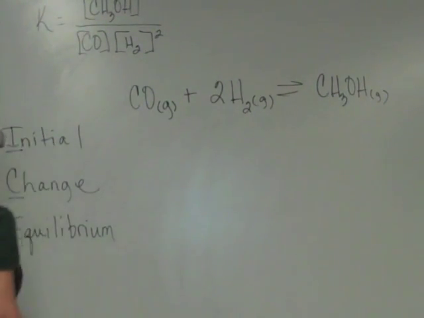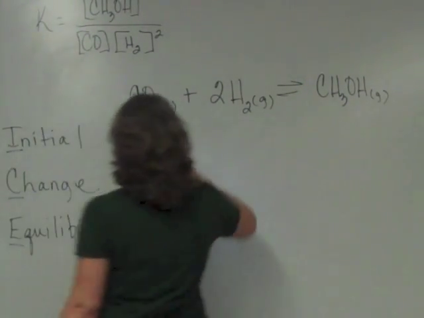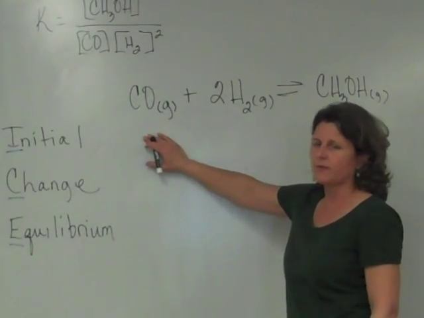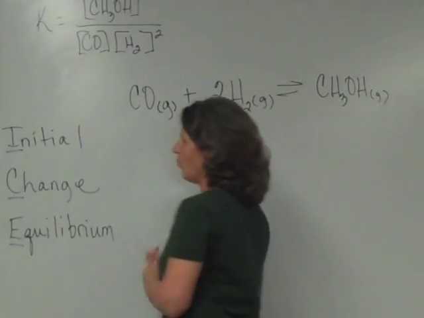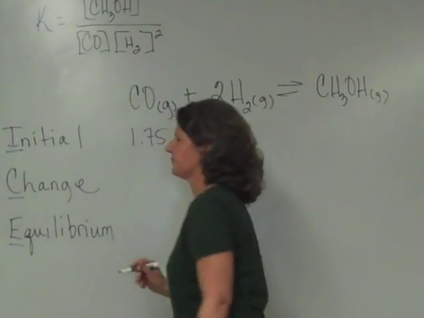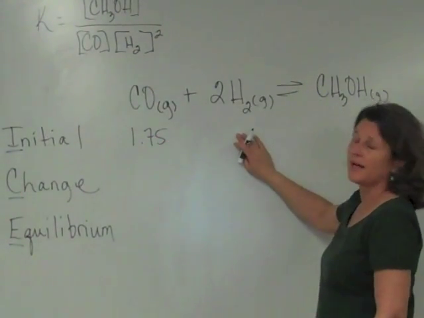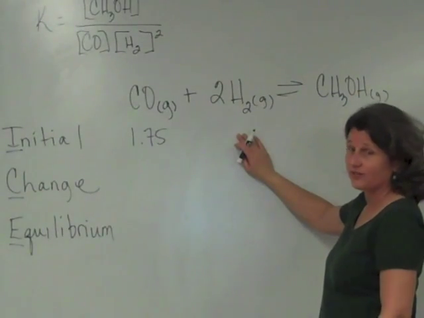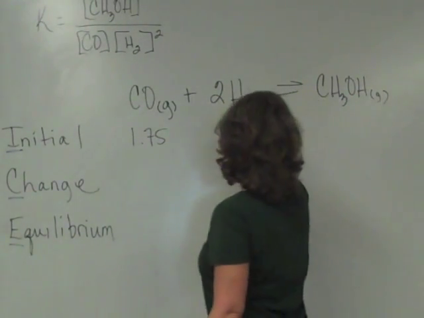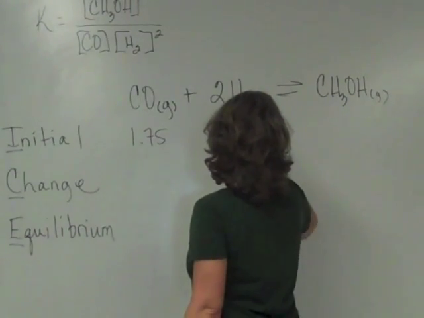Okay, so let's just go with this. My initial concentration of carbon monoxide is 1.75. My initial concentration of hydrogen is 0.80.